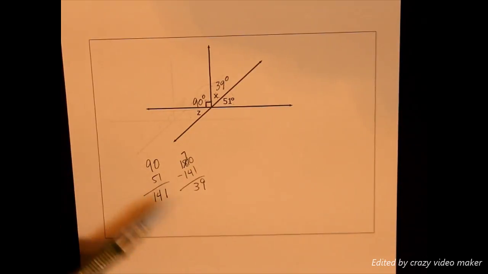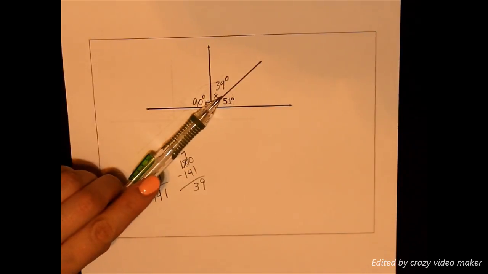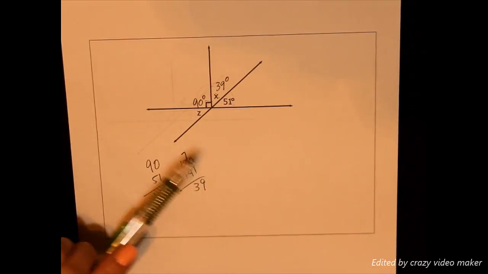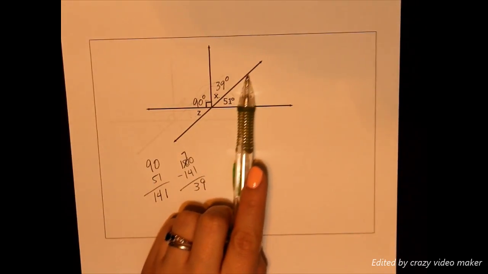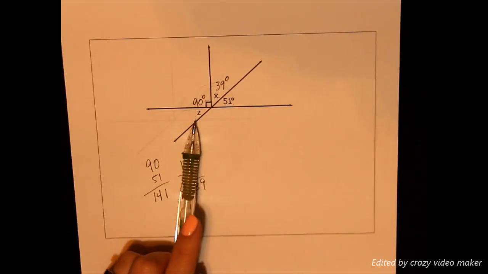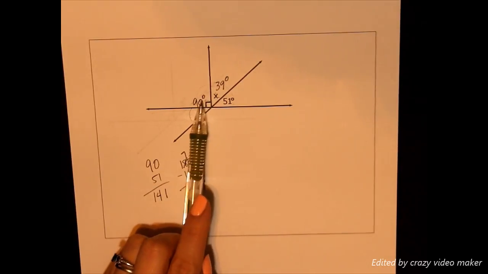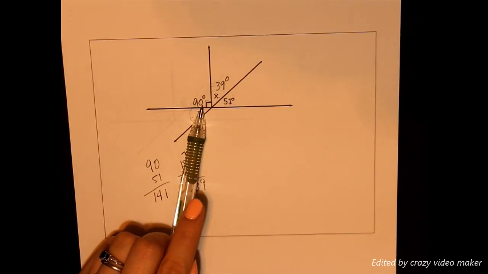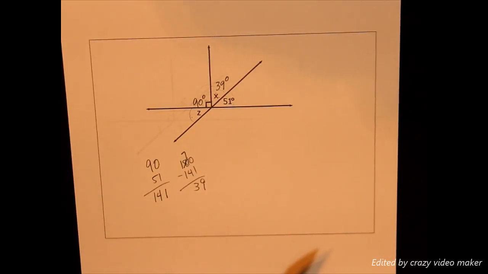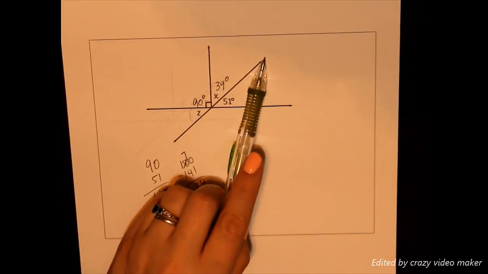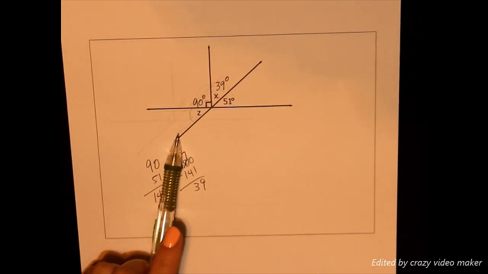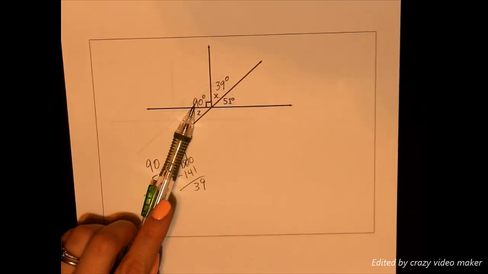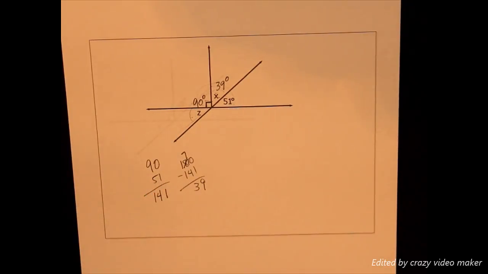And now using that information, we can go over here and use that to figure out z. As you can see on this straight line, there are three angles that make up that straight line. We have z, the 90 degree one, and the x. Those all are going to add up to 180 degrees because their outer edges make a straight line. So we know what 90 is, we know what 39 is, what x is.